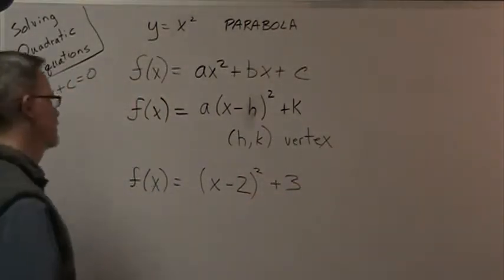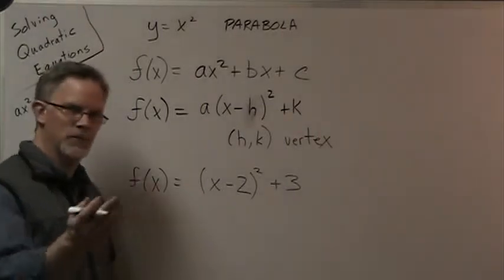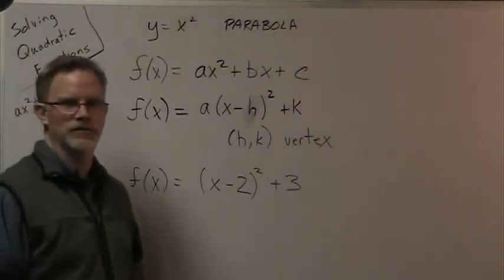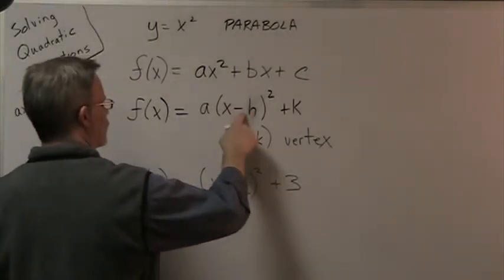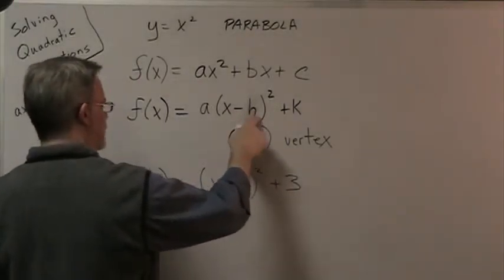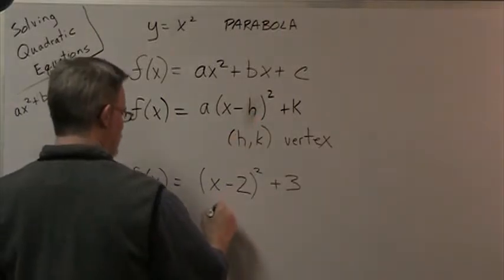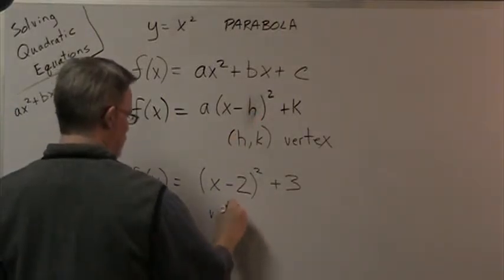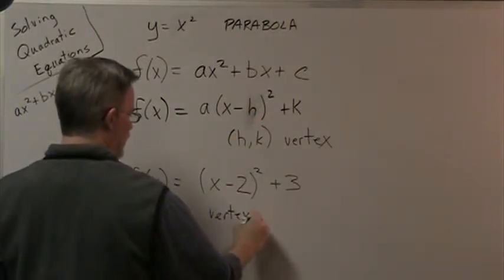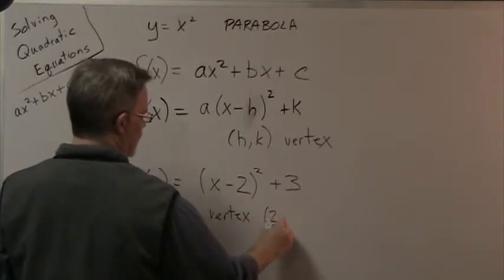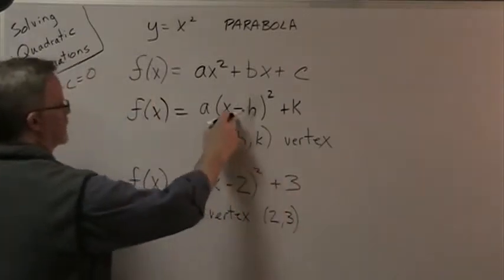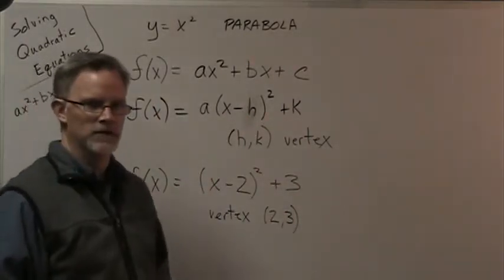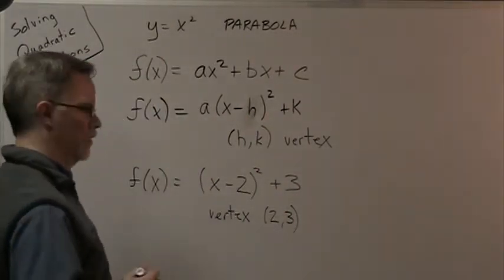I put this purposely like this because this is the number one mistake that students make, that is h, k. But in the equation, h is negative. So in this case, just looking at this equation, the vertex is 2 comma 3. Not negative 2 comma 3 because you have a minus h.